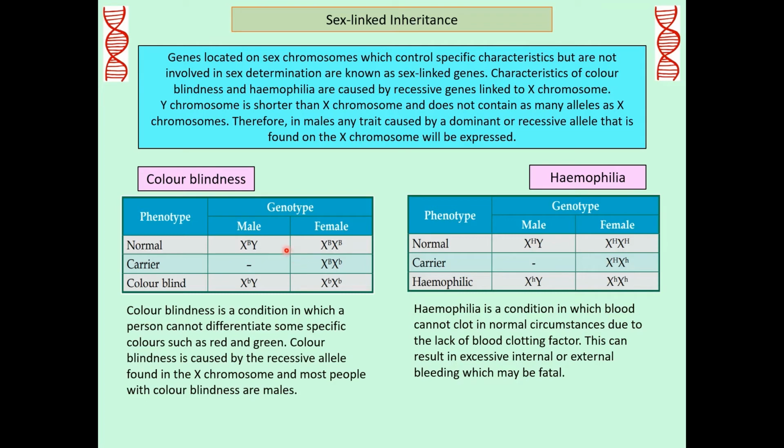Normal phenotype for male: there is a dominant allele on the X chromosome, while there is no allele on the Y chromosome.